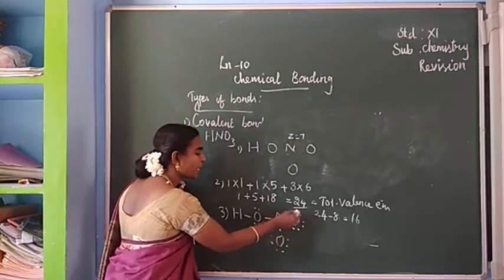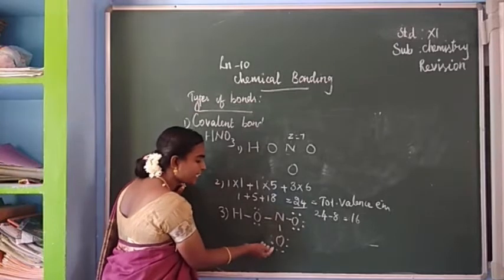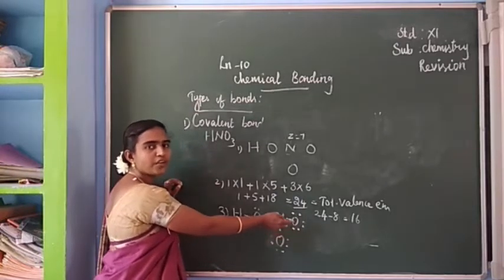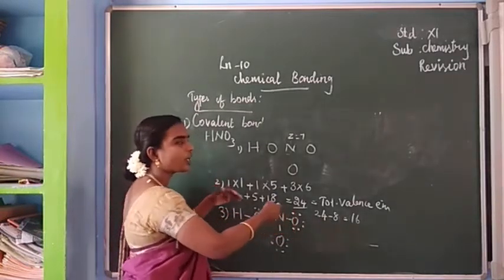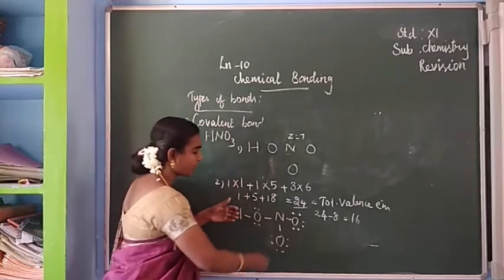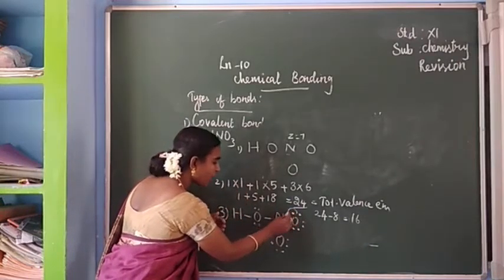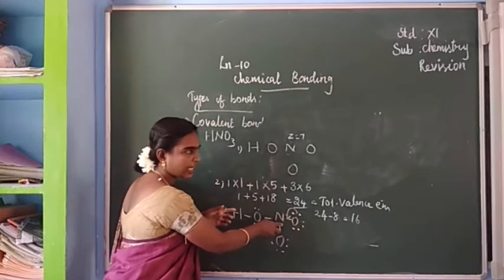For that, what we are going to do is shift a pair of electrons either from this oxygen atom or from this oxygen atom. So we can shift a pair of electrons from this oxygen atom.